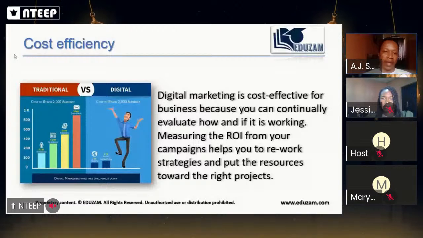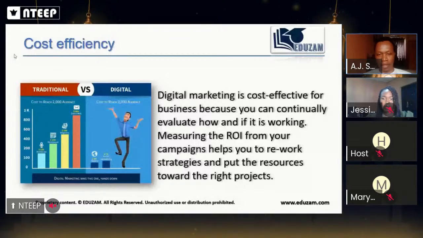Why this is cost efficient and affordable is, if you are going to do traditional marketing, let's take a TV advert for example, you would pay way more than you would pay on social media or on a website or Google search. So that is one reason this is cheaper.